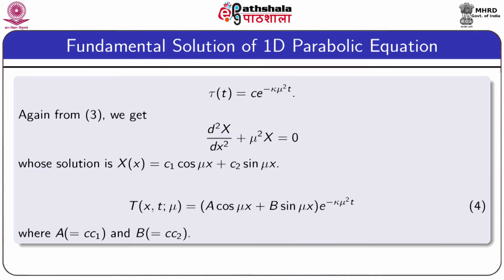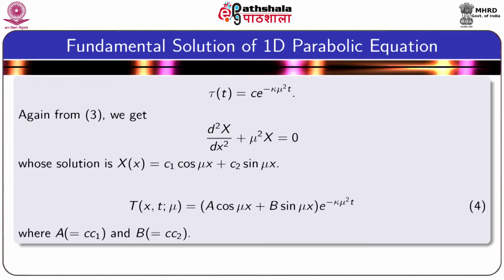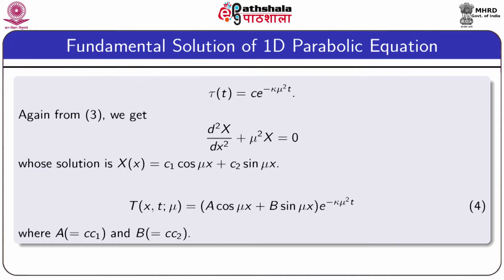Now, there is another equation in X, which is written here: d²X/dx² + μ²X = 0, whose solution is X = c1 cos μx + c2 sin μx, where c1 and c2 are constants.